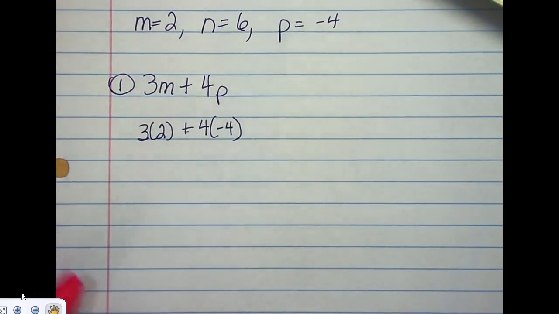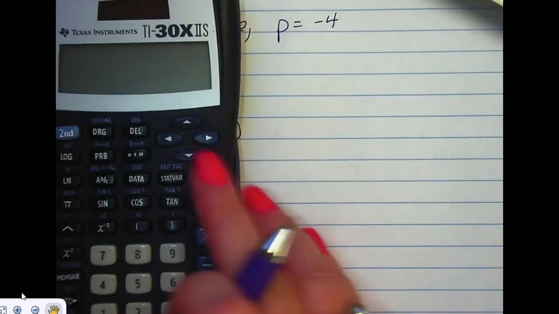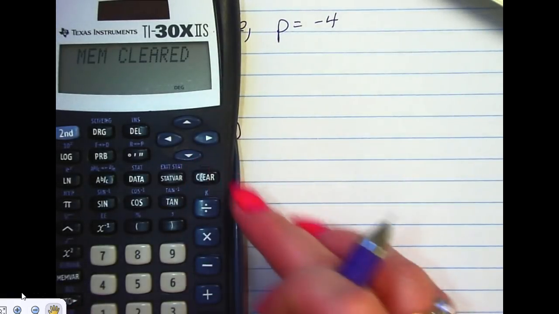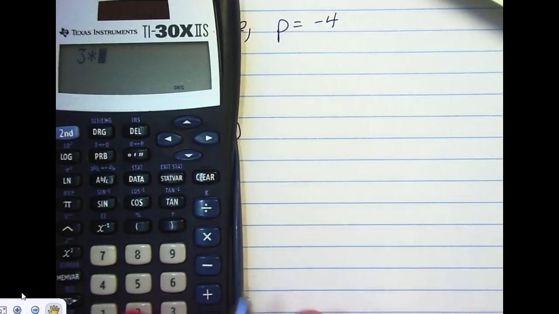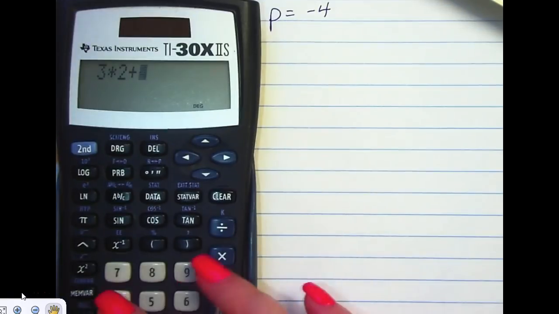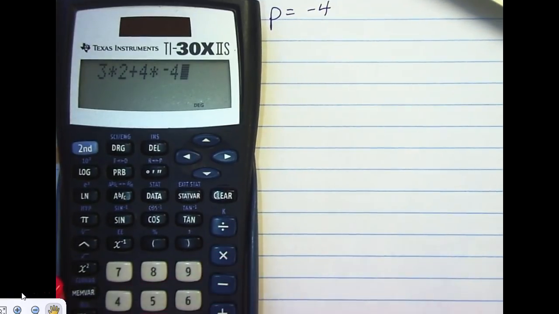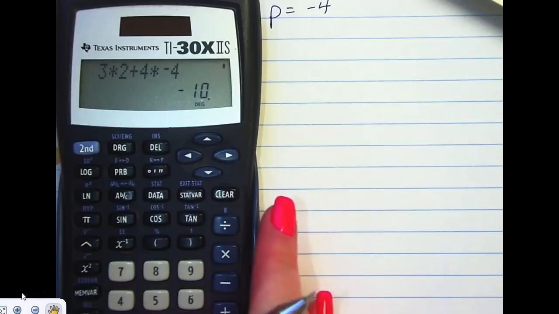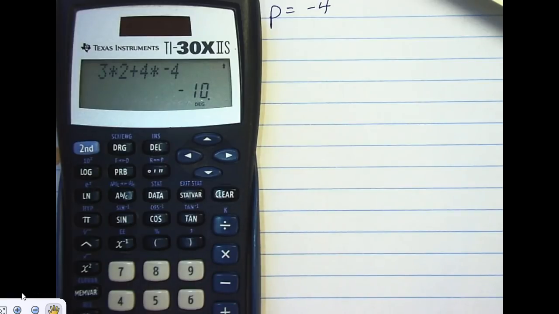Now you can use a calculator. Could you put that in your calculator just like that? Yeah, you can. So you can show 3 times 2 plus 4 times -4. And you get the answer of -10.